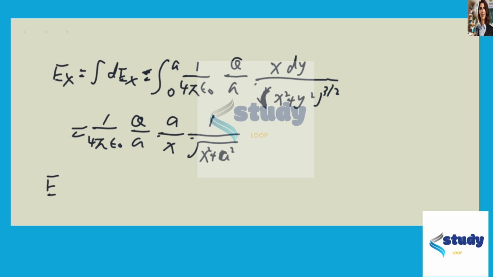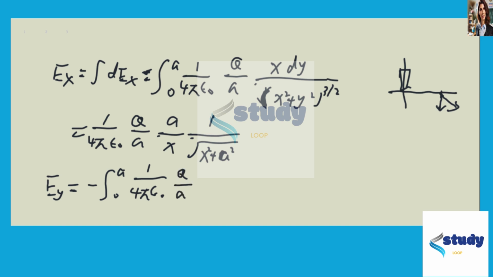And Ey. By the way, you can see that Ey is pointing down, because this is the charge bar and this is the point of interest. So Ey is pointing down, and we have an extra negative sign in front of this integral from 0 to a of 1 over 4 pi epsilon naught Q over A times y dy with the denominator (x squared plus y squared) to the power 3 over 2.